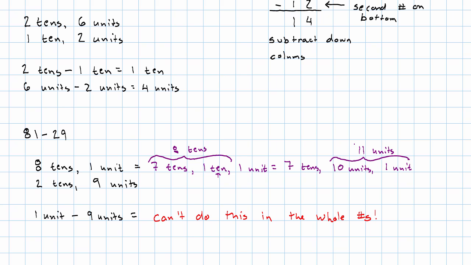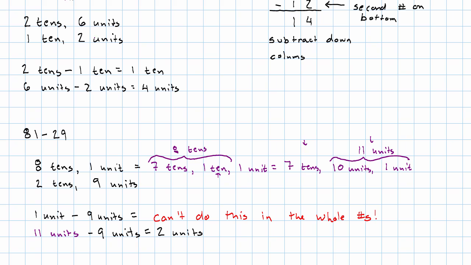So instead of thinking of 81 as being made up of 8 tens and 1 unit, we think of it as made up of 7 tens and 11 units. So instead of 1 unit, we have 11 units. 11 units minus 9 units is 2 units.